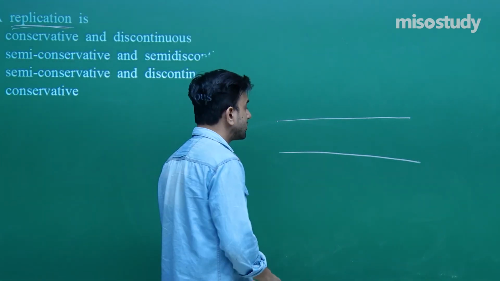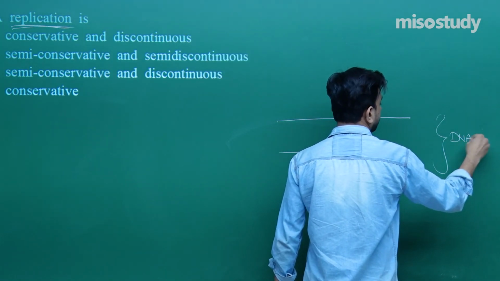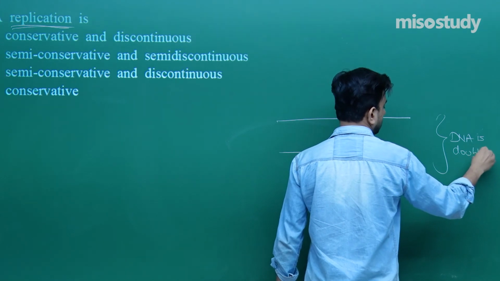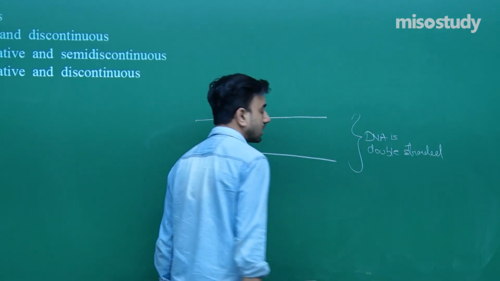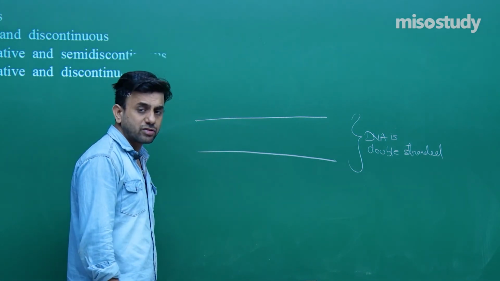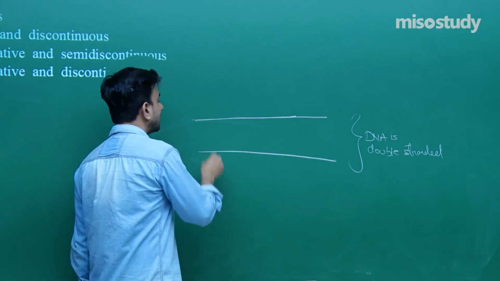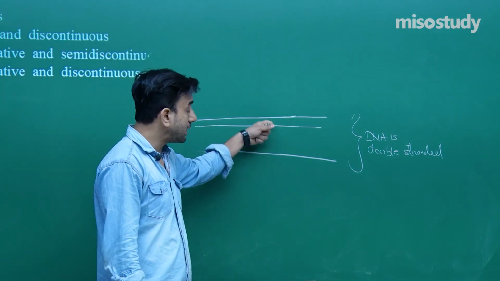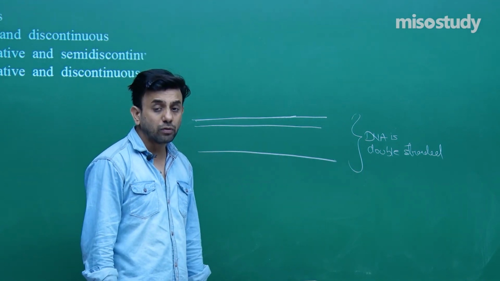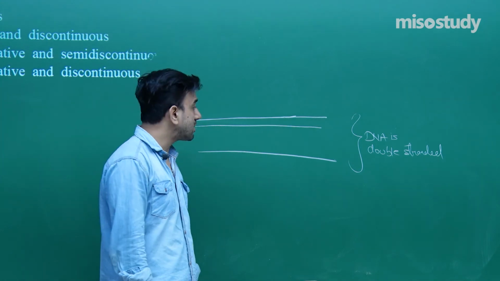So what will happen is one of the strands will act as the parent strand, and there will be a daughter strand complementary to that parent strand. So always the semi-conservative nature. Why semi-conservative?